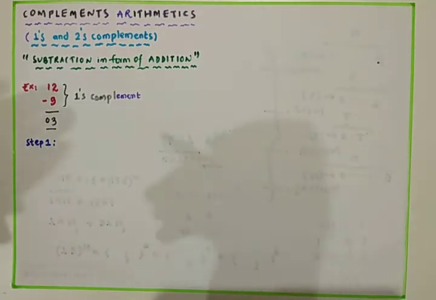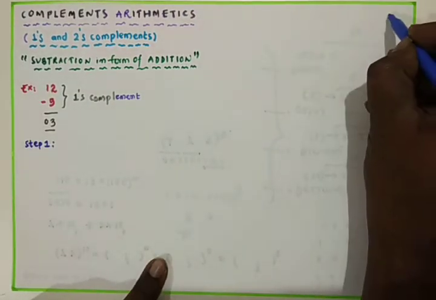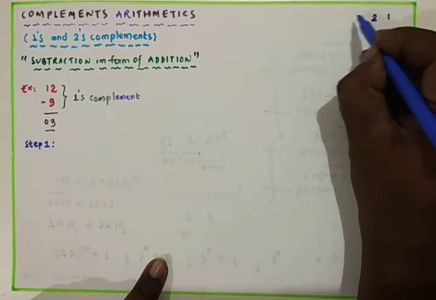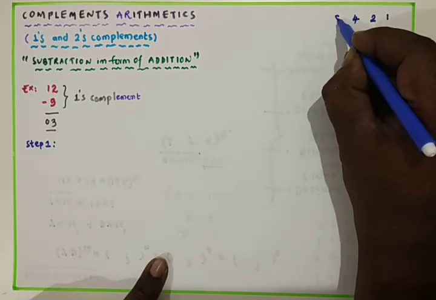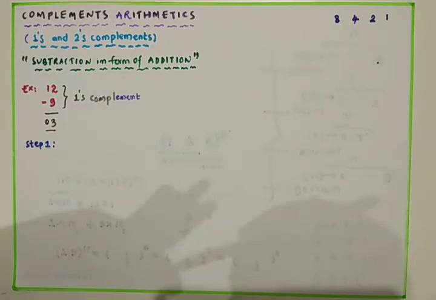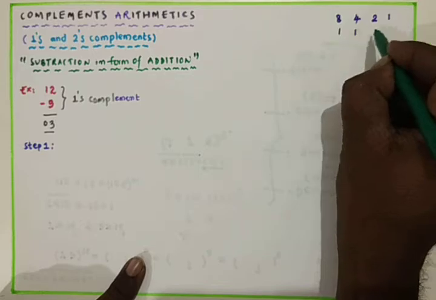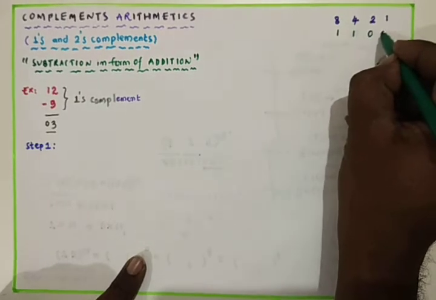If you have any doubt, you can go with the representation 1, 2, 4 and 8. 12 means 8 plus 4, so I require the 8, I require the 4, I don't require the 2, I don't require the 1.